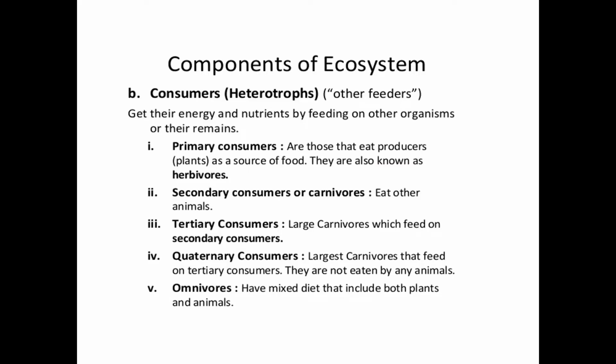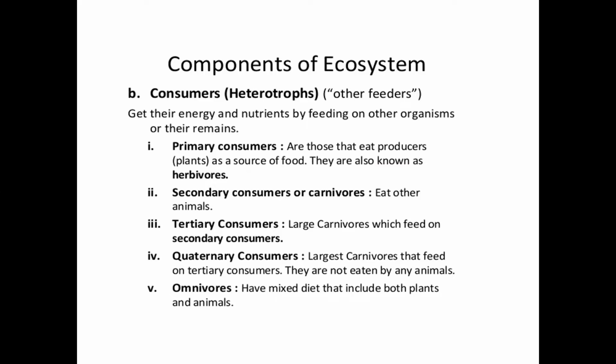The consumers are again classified into different types, like primary consumers. Primary consumers depend only on plants for food, whereas secondary consumers only eat animals. So secondary consumers are carnivores, and tertiary consumers are large carnivores which feed on the secondary consumers, and quaternary consumers are the largest carnivores and feed on tertiary consumers.